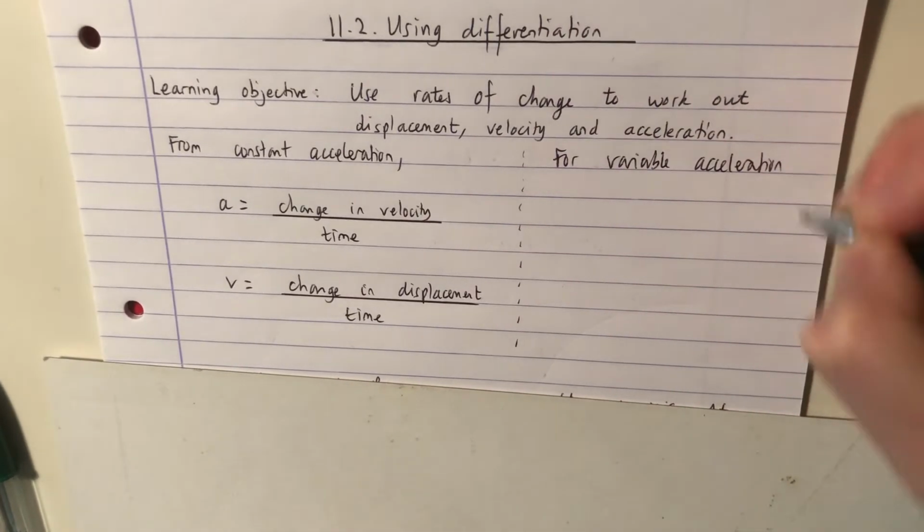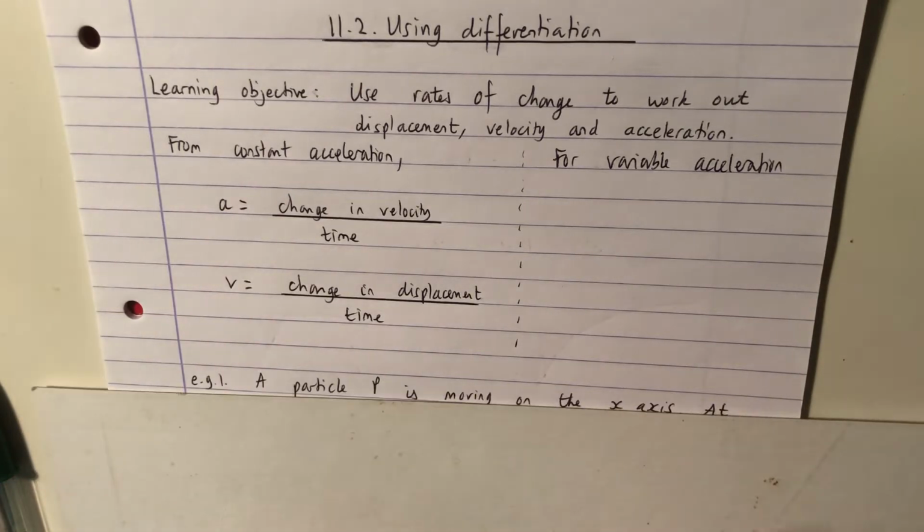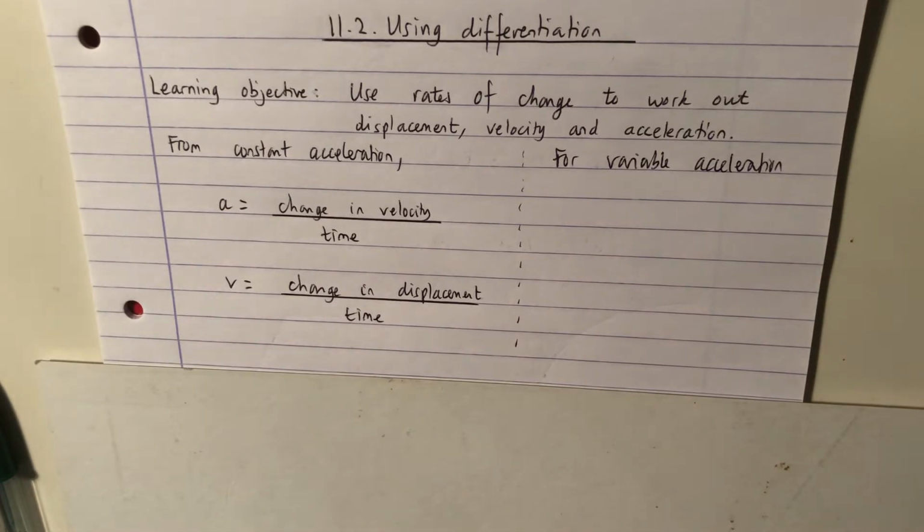So I'll also remind you that last time we stated that the gradient of a velocity time graph was acceleration, and you should know an area of pure maths which is linked to gradient, and that is differentiation.